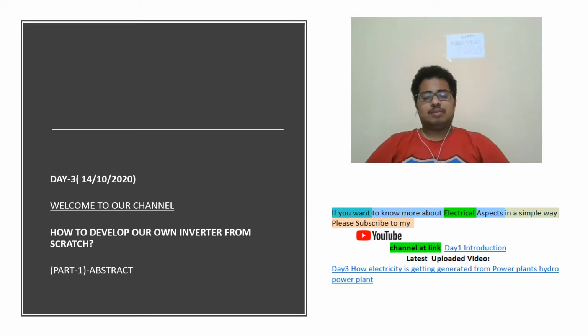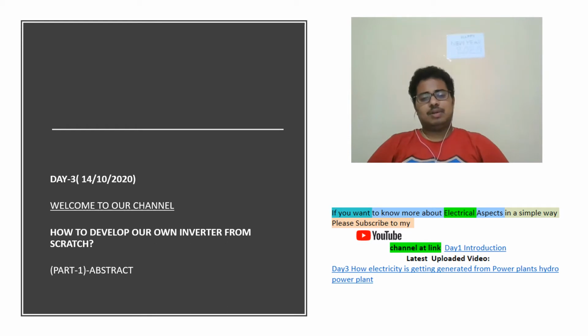Worldwide, we can say almost 50% renewable energy is going to happen in the near future. Solar energy is the most leading in the renewable energy sector, and it is generated through photovoltaic cells.